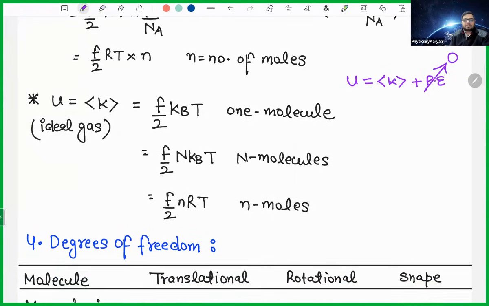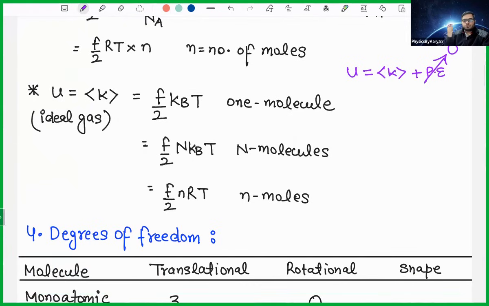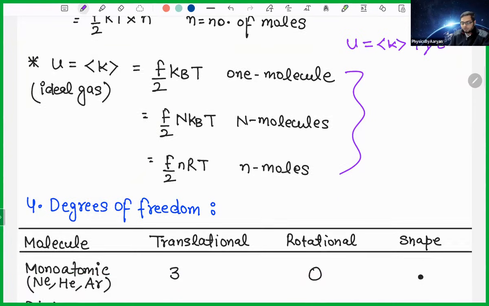So through this I am able to find out the internal energy of my molecules. In case of ideal gas, if it is one molecule then F by 2 kBT, if it is N molecules then N times F by 2 kBT, and if it is small n number of moles then F by 2 n times RT.